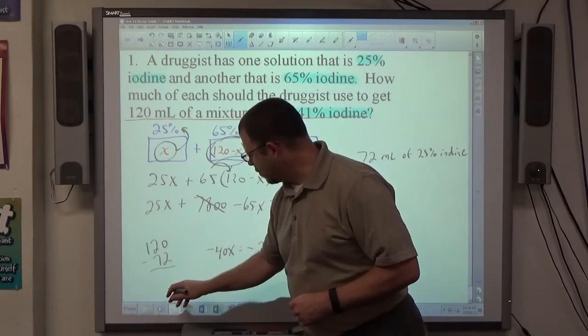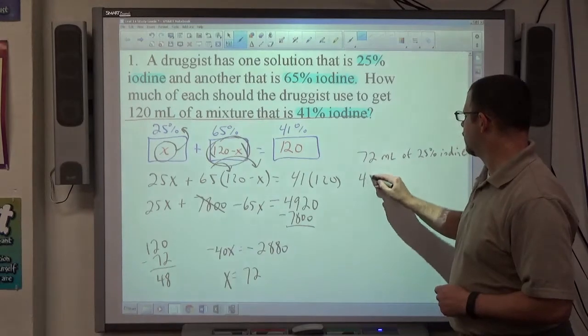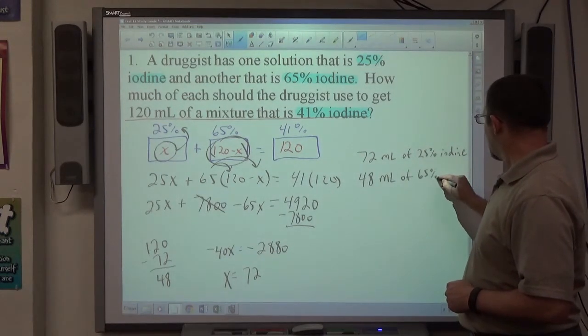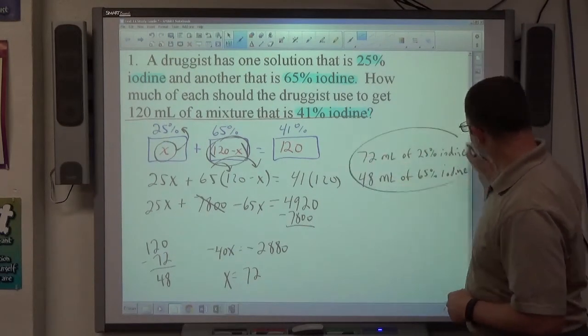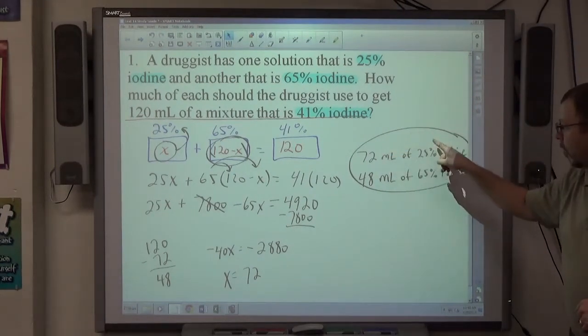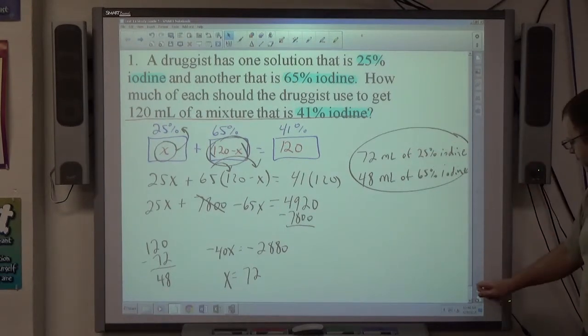That comes out to 48. So 48 milliliters of 65% iodine. And again, for a problem like that, that's the type of answer I'm looking for. The amount of one, the amount of the other. Make sure you identify not just the amount, but of which one it is.